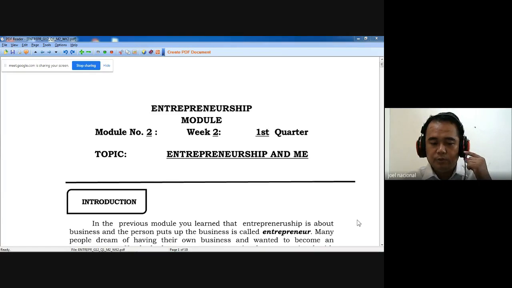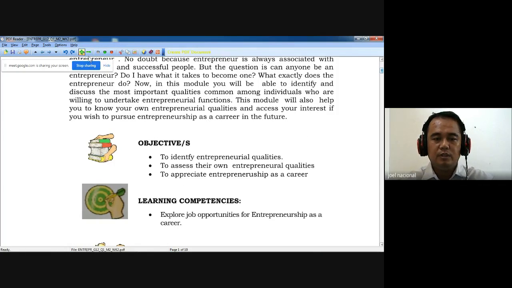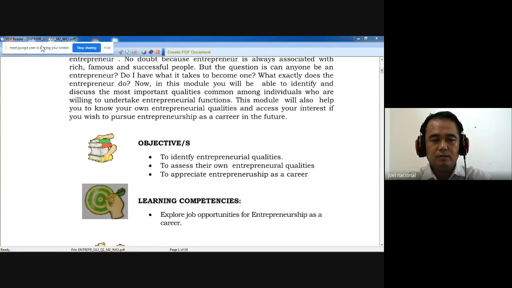Many people dream of having their own business and wanted to become an entrepreneur, and no doubt, because entrepreneur is always associated with rich, famous, and successful people. But the question is, can anyone be an entrepreneur? Do I have what it takes to become one? What exactly did the entrepreneur do?